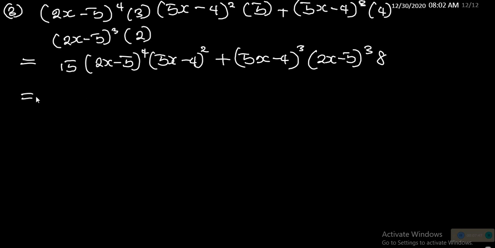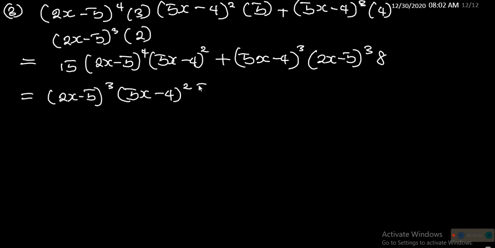So we can factor out what is common. Of course, 8 is not common, 15 is not common, but 2x minus 5 cubed is common here, and 5x minus 4 squared is also common.